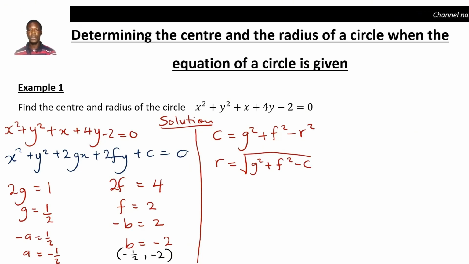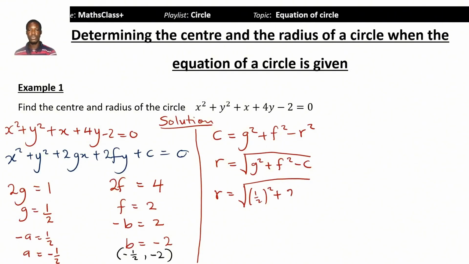Okay, so now we know g and f, and we know c from the equation. When we compare with the general equation, we see that c is negative 2. So our r will be the square root of g squared, which is 1 over 2 squared, plus f squared, which is 2 squared, and then minus c. And the c is already negative, so minus negative 2.